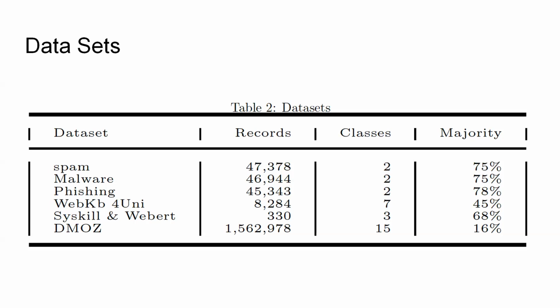The final 3 data sets are all about classification of URLs. The WebKB for Uni is an old data set of URLs of different universities, where you categorize them into things like course content, research pages, personal pages. And SciSkill and Webbit is a really unusual data set.